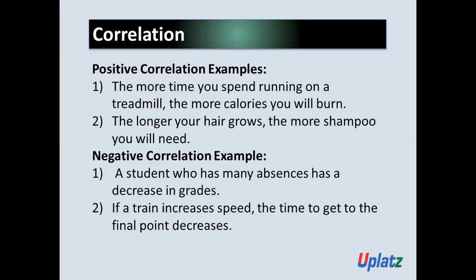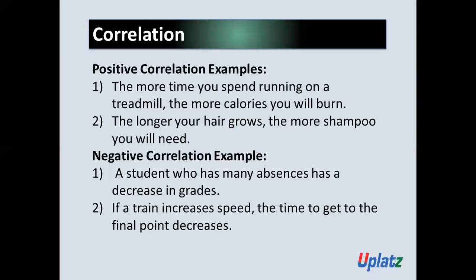If you count the number of absences of a particular student in your class, a student who has many absences has decreased grades. So if the number of absences is increasing, then there is a decrease in the grades.